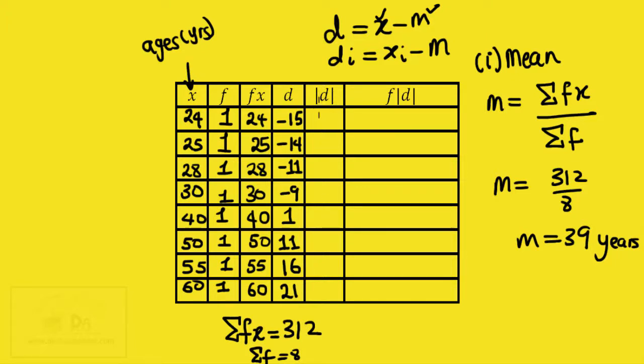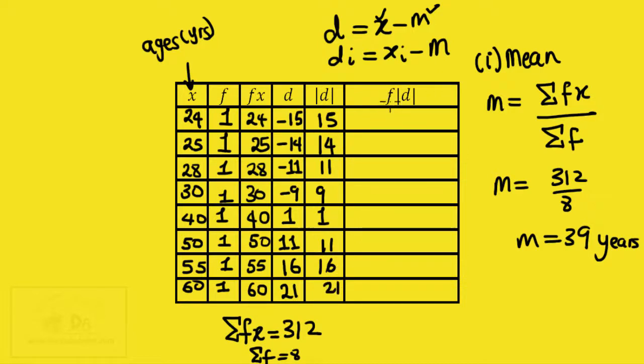Now I need to determine the magnitude of the deviations, the absolute value of each deviation, and that's just obtained by ignoring the signs. So the absolute value of minus 15 is 15, the absolute value of minus 14 is 14, and so on. So that's an easy column to fill.